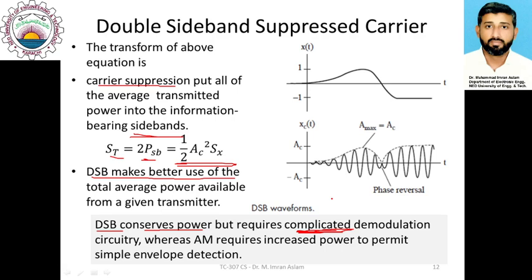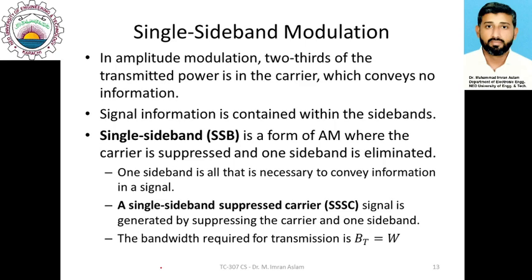So we need complicated circuitry at the demodulation side, whereas AM requires increased power to transmit, but the detection is very simple because we can detect the AM waveform by simply looking at the envelope of the received waveform. So this makes a trade-off between the use of these two types of schemes, AM and DSB. There is another variant of amplitude modulation which is named single sideband.